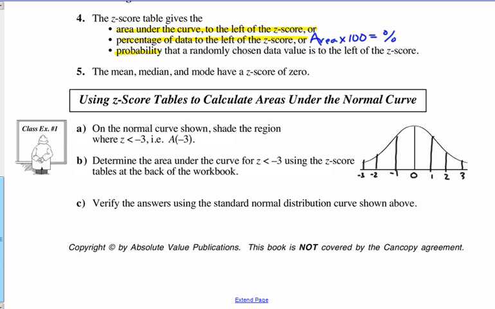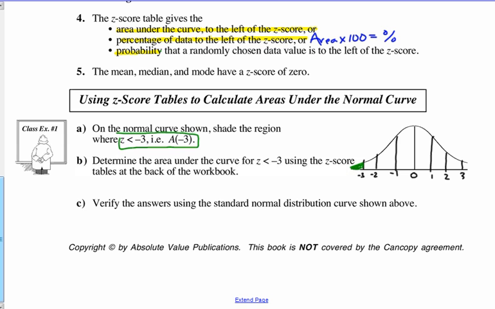It asks us to shade when Z is less than -3. A highlighter will be very helpful for the shading in this unit, or you can just use your pencil to shade. Now, these two things are the same: when I say area under -3.